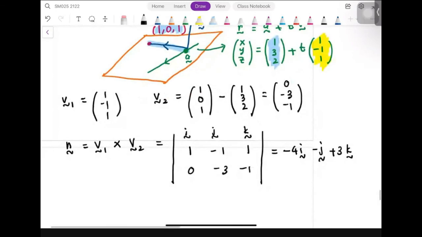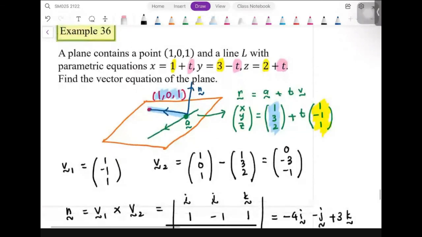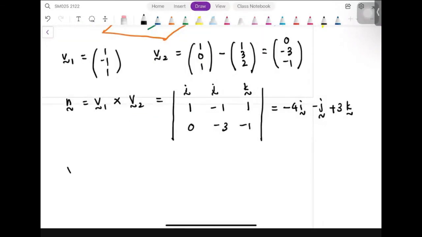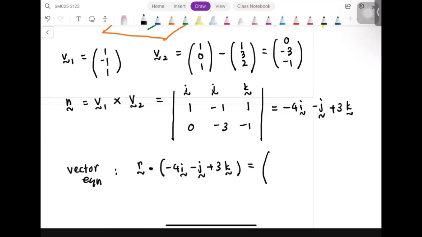After that, substitute into our formula. Ingat soalan minta bentuk yang mana. Jangan salah. Vector equation of a plane. So, for vector equation, our format r stated as it is, normal in the form of ijk. So, I copy it back. Equal to a. a must be point on a plane.